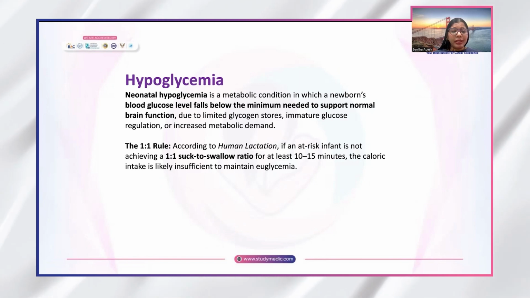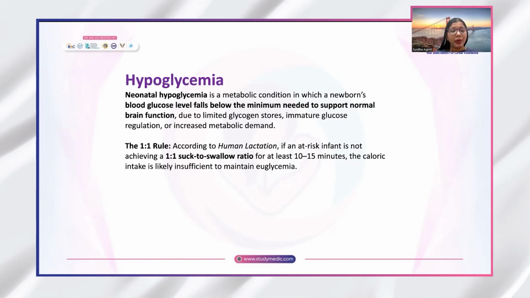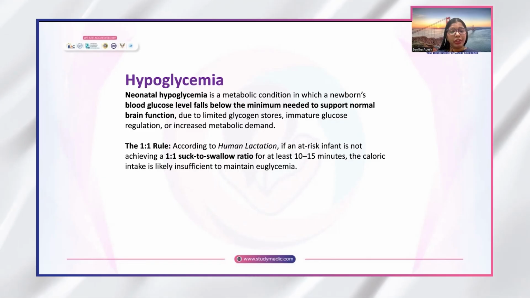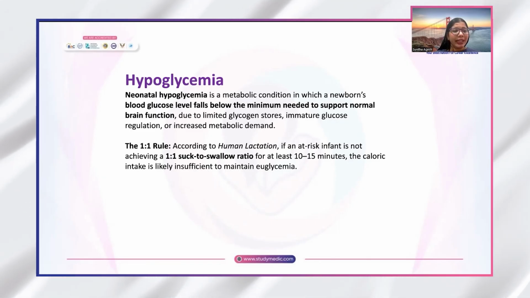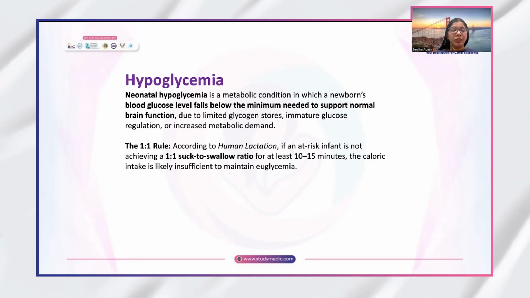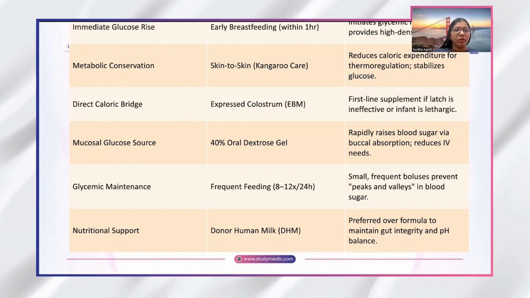The 1:1 rule, according to the Human Lactation book, is that if the infant is not achieving a 1:1 suck swallow ratio for at least 10 to 15 minutes, the calorie intake is insufficient to maintain euglycemia. So as an IBCLC, it's very important to assess the milk transfer, how much milk the baby is taking, by assessing the suck and swallow.